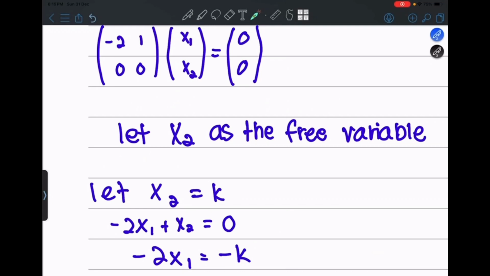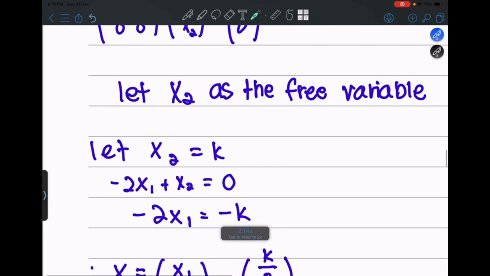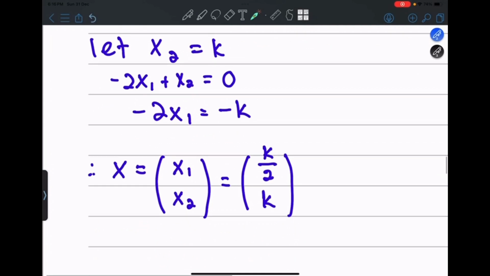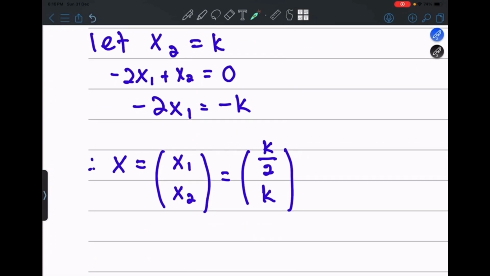To find the eigenvectors, we must assume one of the variables as a free variable. For this example, the free variable that we use is x2. We can let x2 be k, and then from the matrix we can compare and insert the k in the equation, and then we get this.